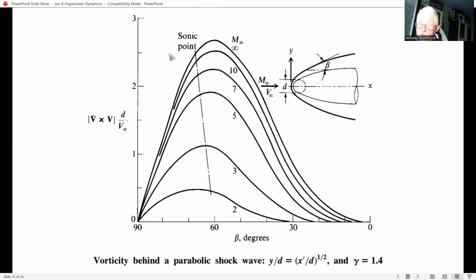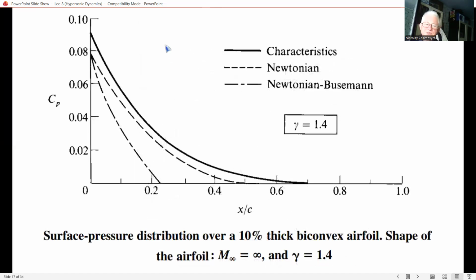Historically, the first major application of the rotational method of characteristics was made by Antonio Ferri in 1946.